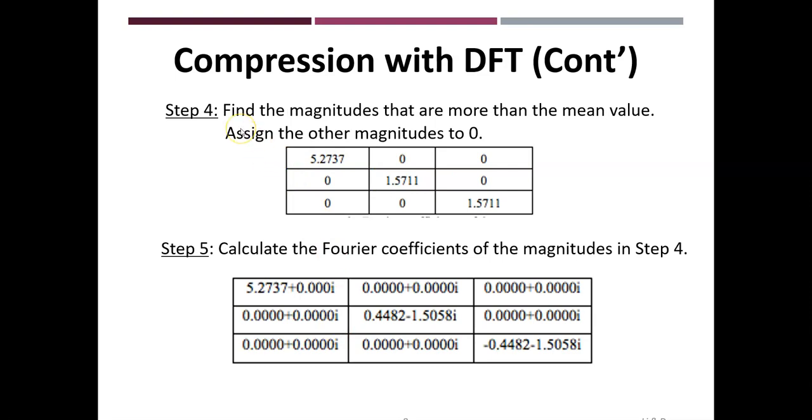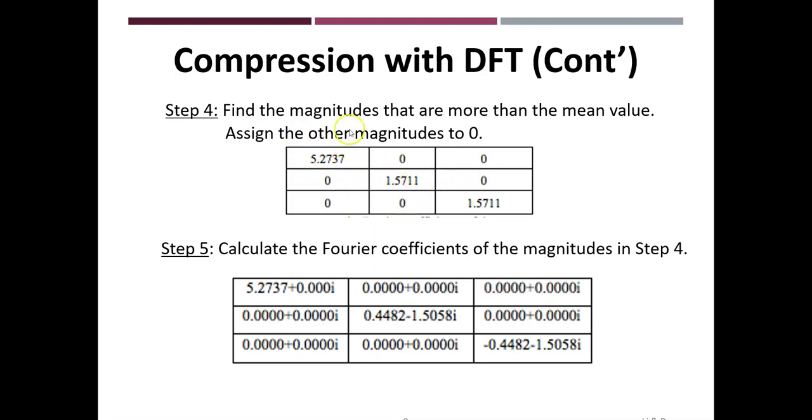Based on the mean, in step 4 we find the magnitudes that are more than the mean value. All the magnitudes larger than the mean value we remain. The values lower than the mean value of 1.39, we replace with 0 magnitude.